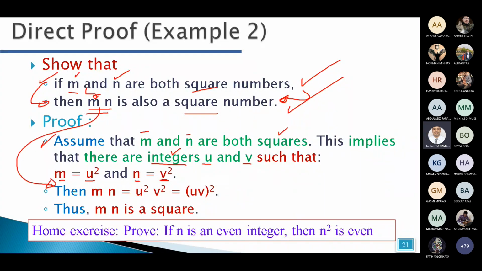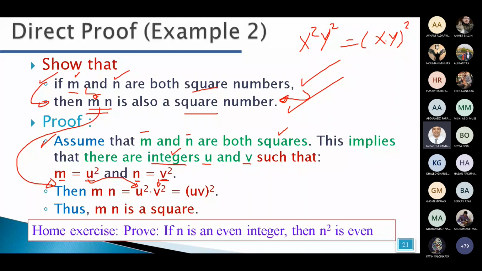Okay, this is the assumption given to you. Then m multiplied by n equals u to power 2 multiplied by v to power 2. You know in mathematics, x to power 2 multiplied by y to power 2 is equal to x multiplied by y, all to power 2.